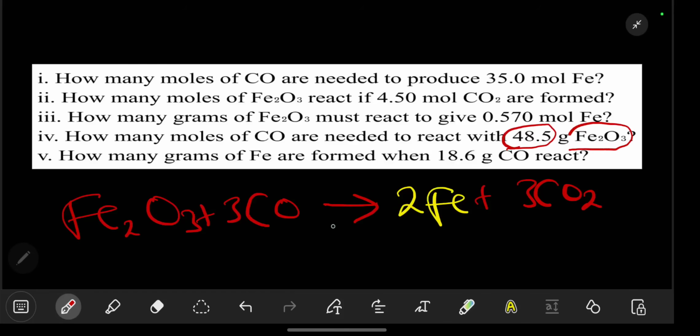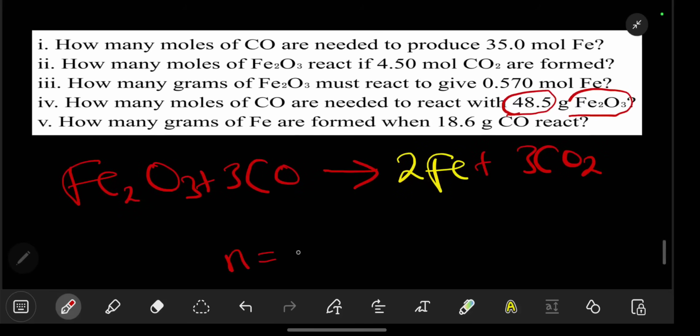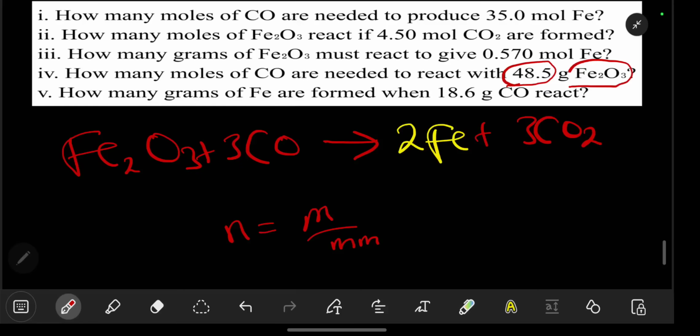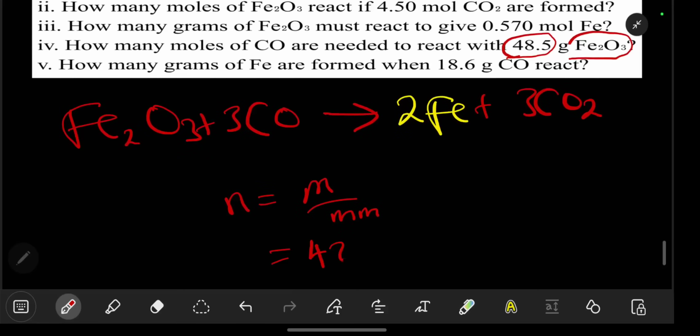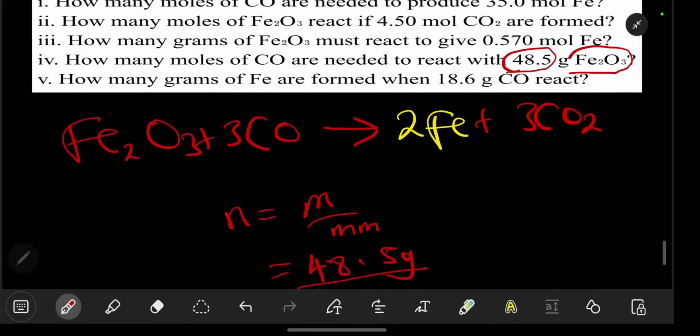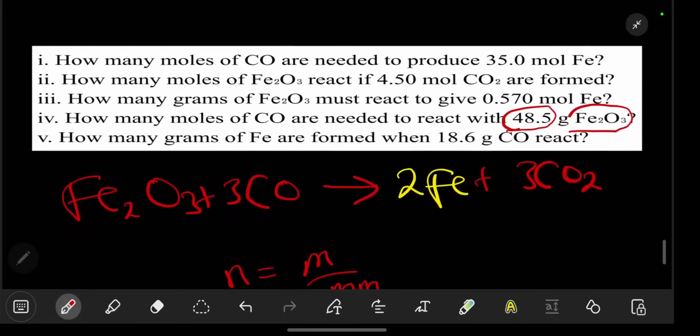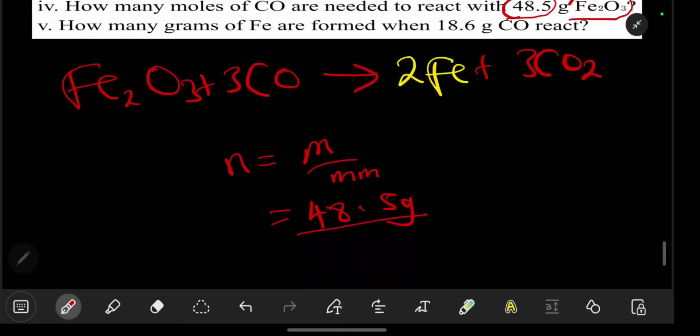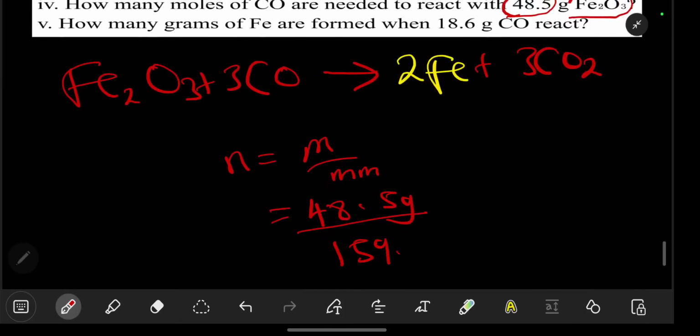If you want, you can compare mass to mass, it's still going to work. But yes, the number of moles is equal to the mass over the molar mass. So for iron 3 oxide, the mass we have been given is 48.5 grams. We divide this by the molar mass, which is 159.7 grams per mole, if you recall.